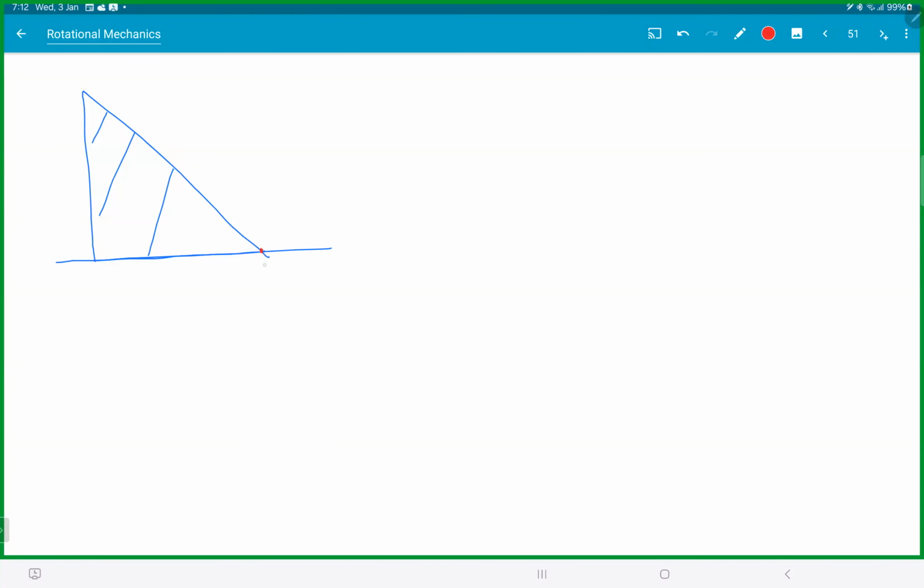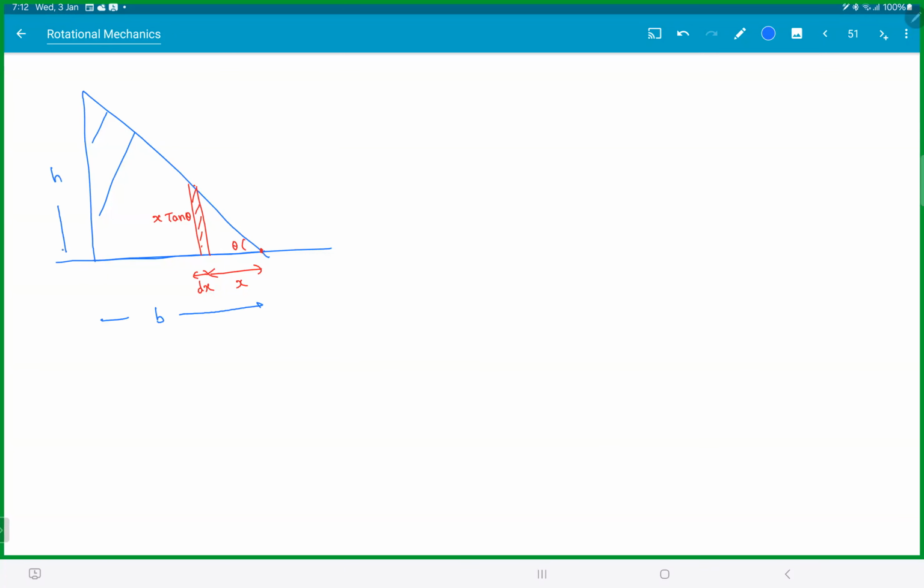At a distance x here, take a thin rectangle like this, whose width is dx. This is theta, and this height will be x tan theta. This full base is b.